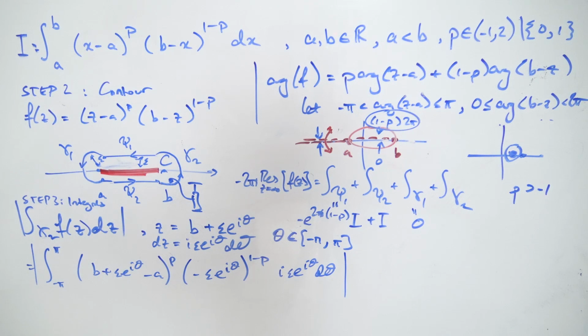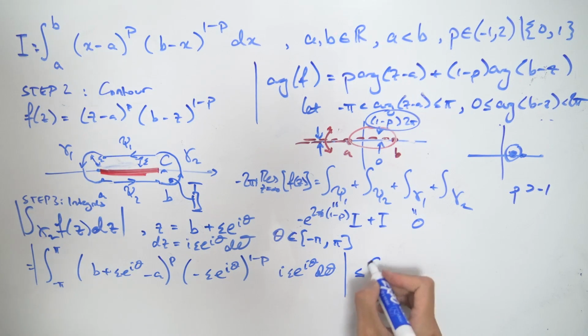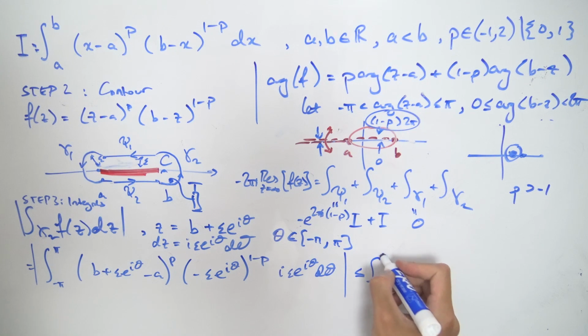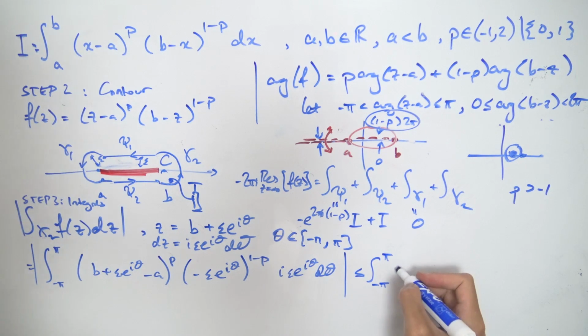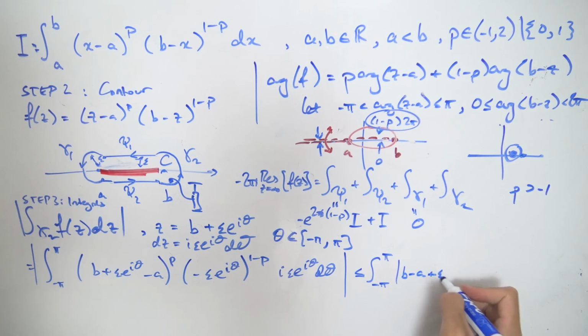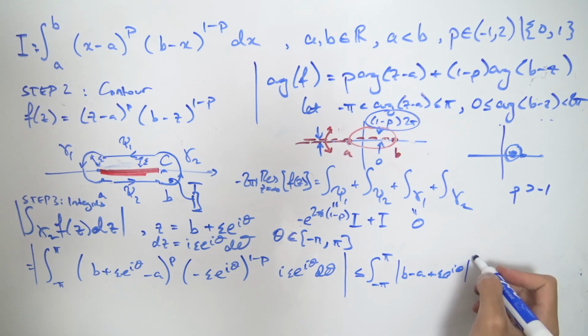Again, we can use the integral inequality to bring the absolute values inside the integral, leaving us with the integral from minus pi to pi. Absolute value of this thing, let's just leave it as it is. So absolute value of b minus a plus epsilon e to the i theta to the p.